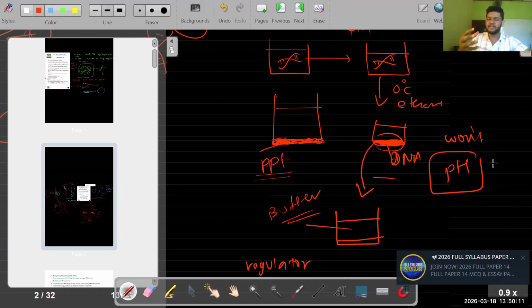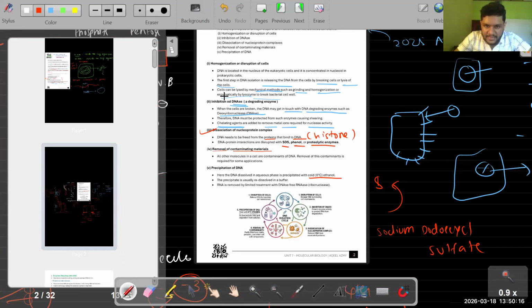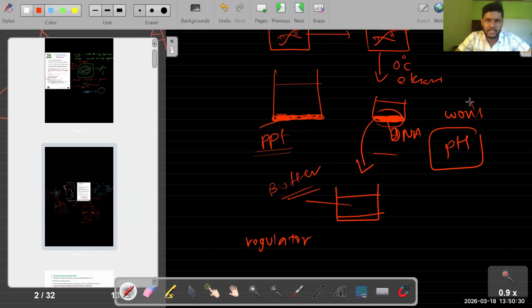Why? Because we are dissolving it in various agents. First we react with an enzyme, then with chelating agents, then with sodium disulfide, phenol, or a proteolytic enzyme, one of them. Then we again remove the contaminants, and again dissolve in buffer. Won't there be any pH changes, with this much dissolution and this much reaction? The initial DNA might contain a pH, right?